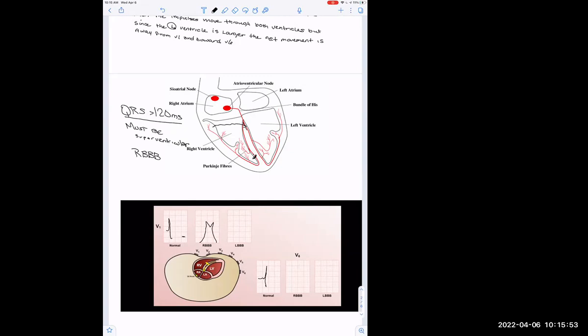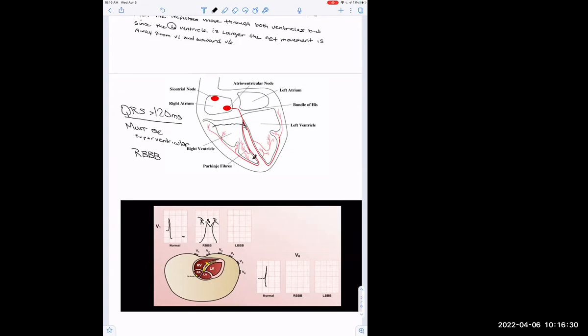And this is a very typical, my artwork notwithstanding, presentation of a right bundle branch block, because what you have here is this R wave, and then you have this negative deflection, which goes down into an S wave, and then you have this other R wave.